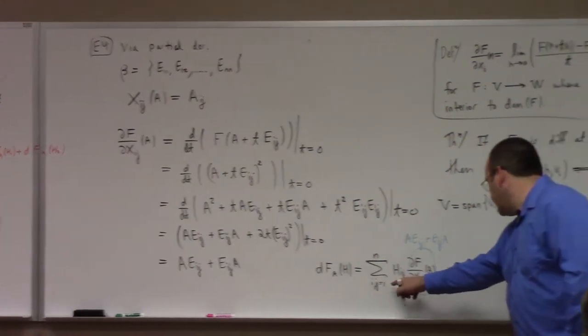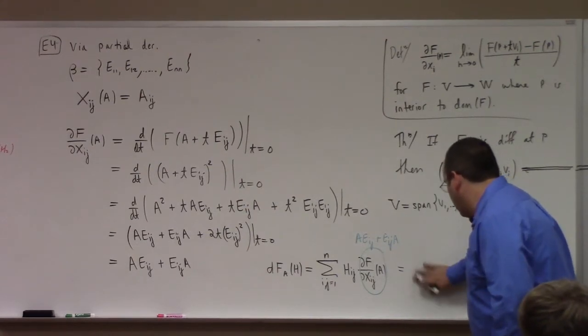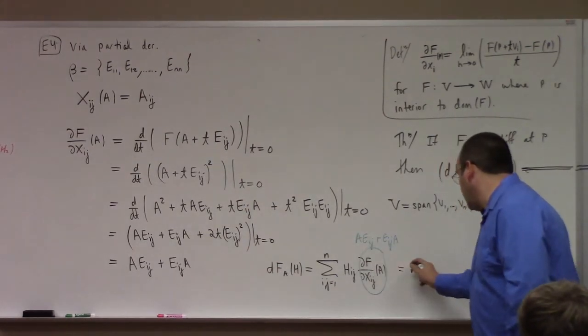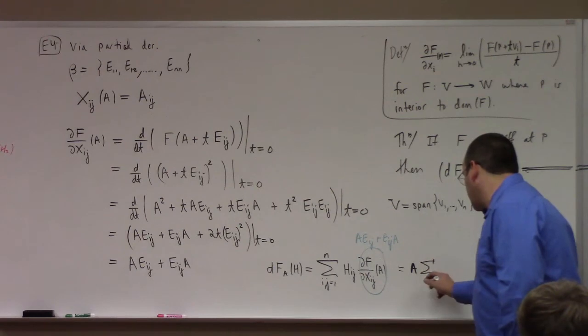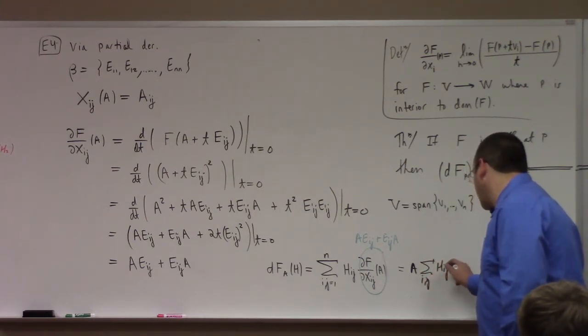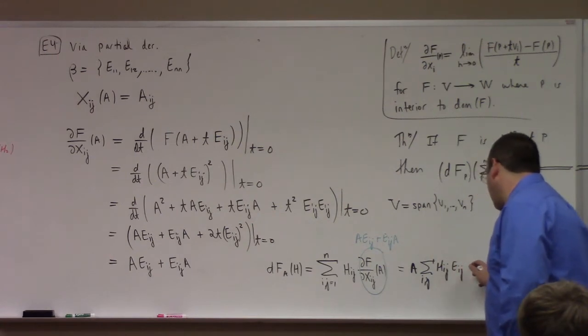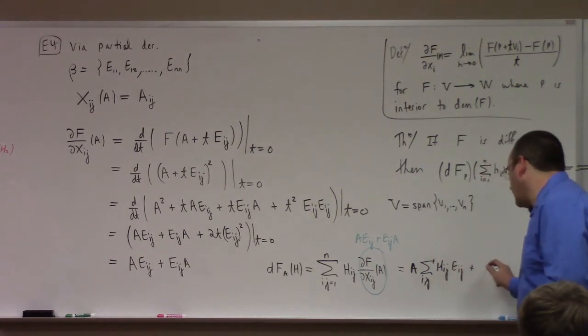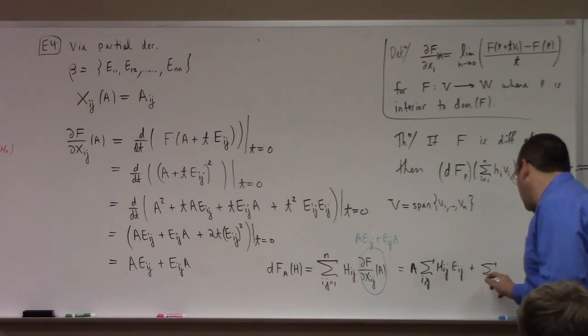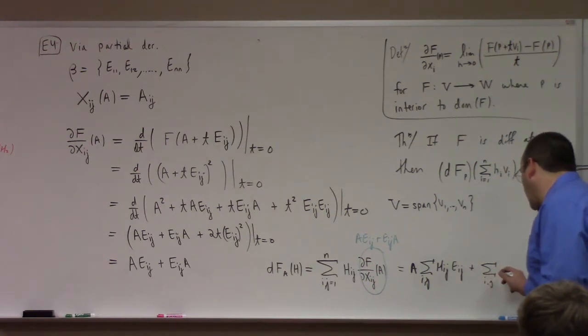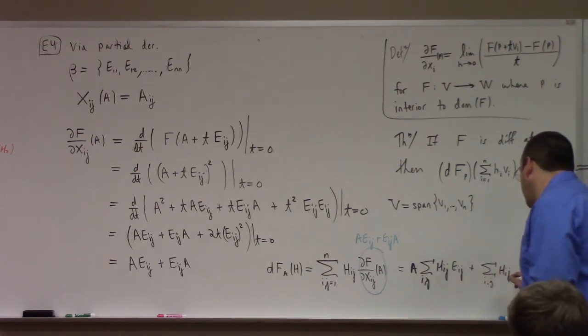These are numbers, right? So I can actually pull this A out here by properties of sums. So much writing.